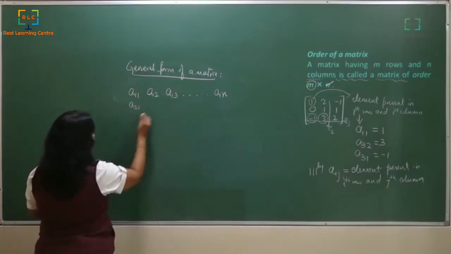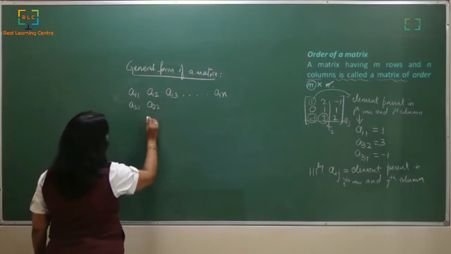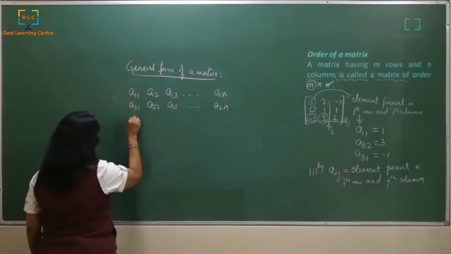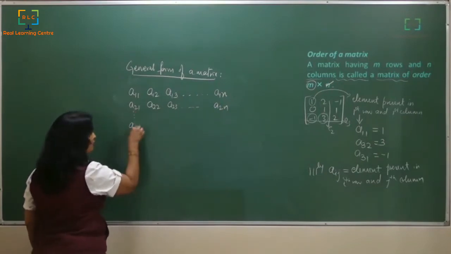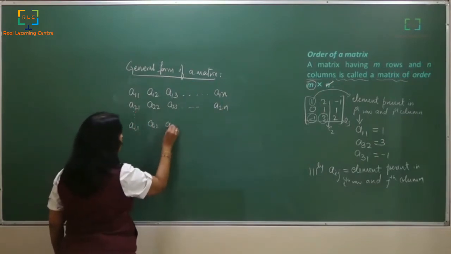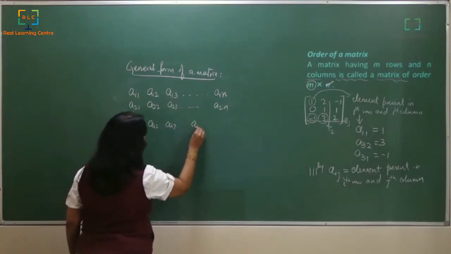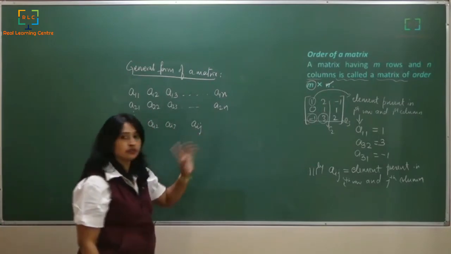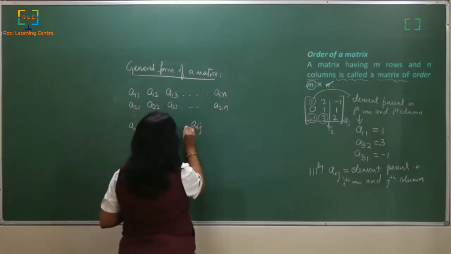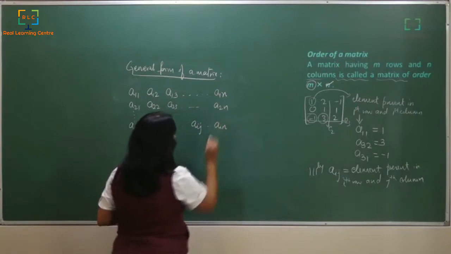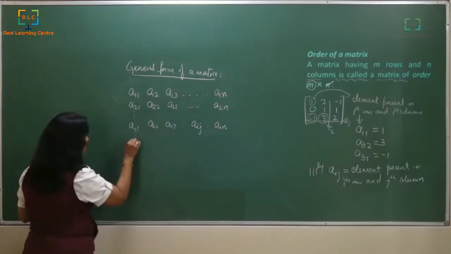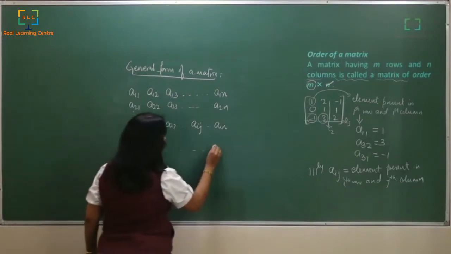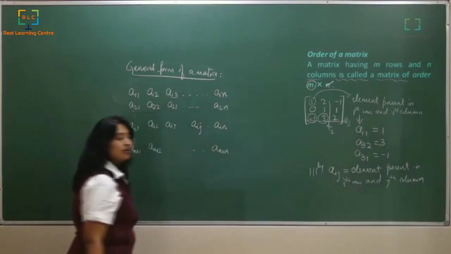I start with the second row first column element, second row second column element, A23 and so on till A2n. Like this I shall go to some ith row, Ai1, Ai2, Ai3 and going on. I will have some general element which is present in the ith row and some jth column. This is called the general element, and so on. This will end up with Ain. Now like this I will go to the mth row, that will be Am1, Am2 and so on. The last element of course will be Amn.